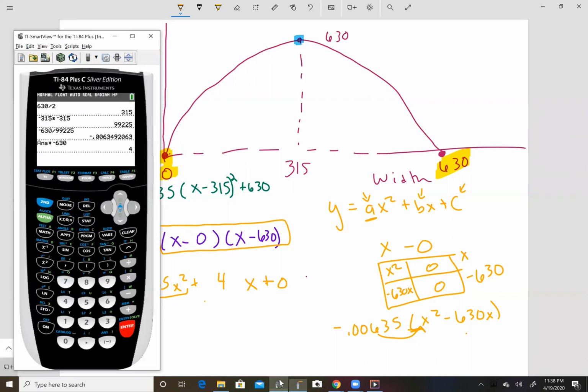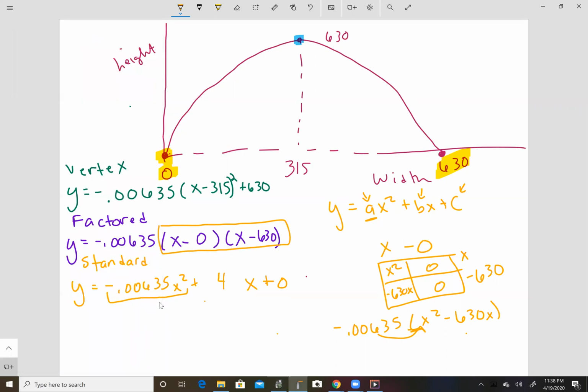That's what my calculator says. Positive 4. I can't believe we got such a perfect number from that. And then technically I do not need that last 0. Okay, so that is how you can write your 3 equations.